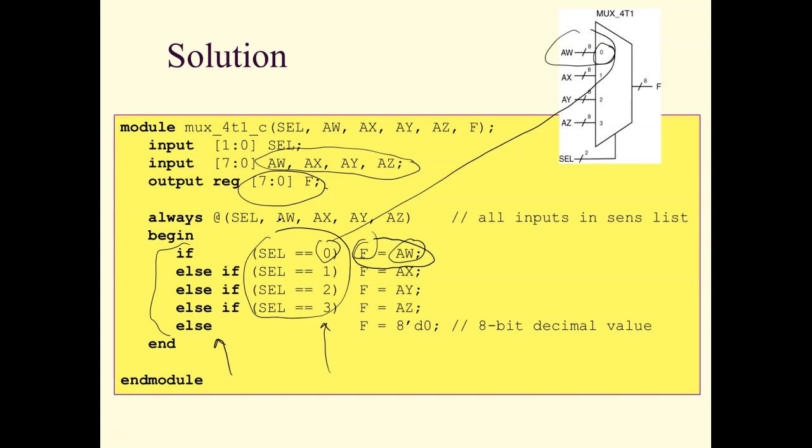If I specify every single case, I can get away without a catch-all, but catch-alls look good. I do assign this 0 again like I did before, but this time I like to specify the exact width of this thing. If I don't specify a width, it defaults to 32 bits. And I think this is clear. It provides a little bit more information.